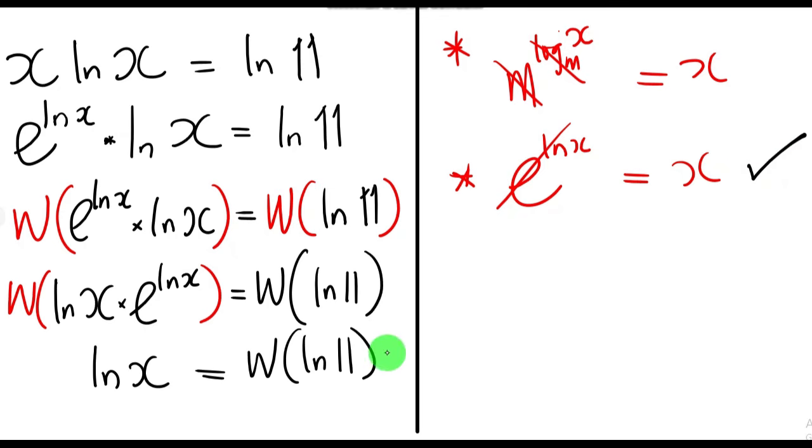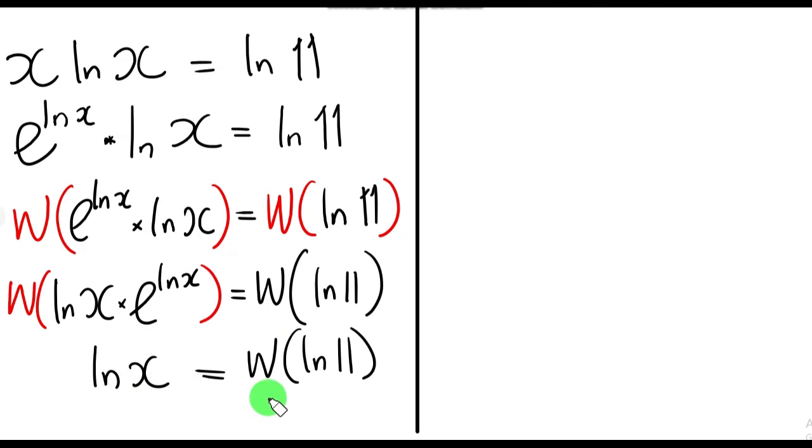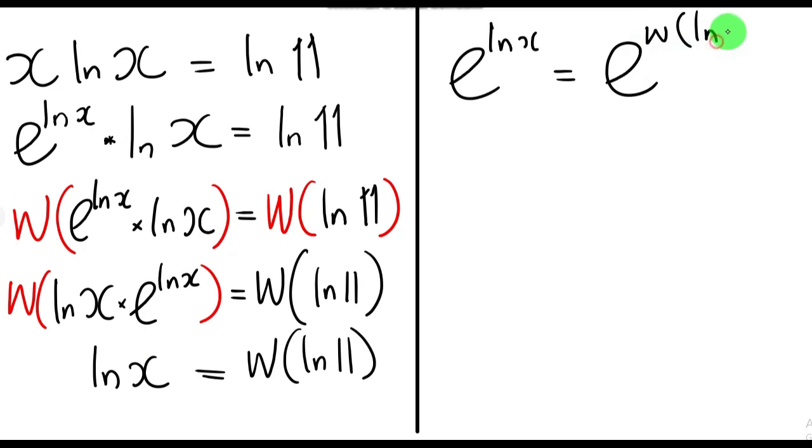It's a logarithm identity. Therefore, what we actually need is to apply exponents to both sides of the equation. So we're going to have exponential of ln x equals, whatever we do to the left hand side, we do the same to the right hand side, exponential of W function of ln 11.